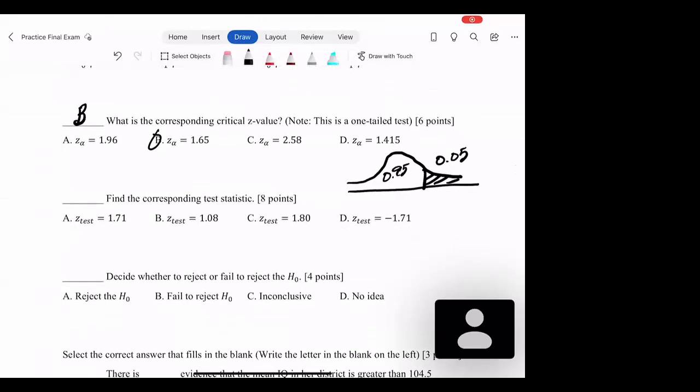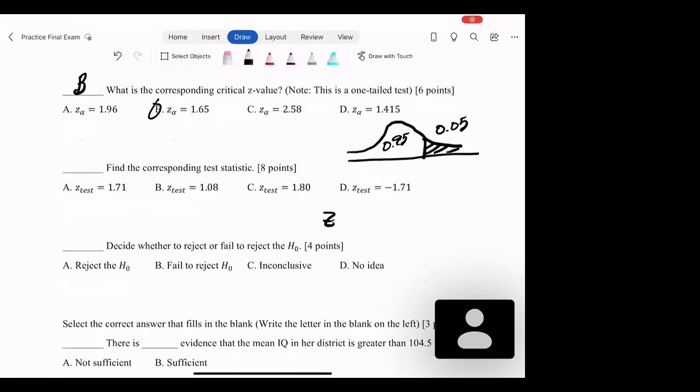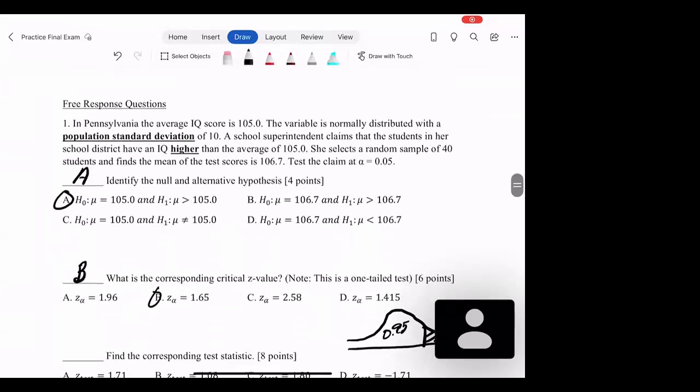Compute the corresponding test statistic. So some of you on exam 3 switch the numerator. So remember, calculation is like this. Z-test is equal to the sample mean x bar minus the hypothesized mean divided by sigma over the square root of n. What is x bar in this case? The sample mean.